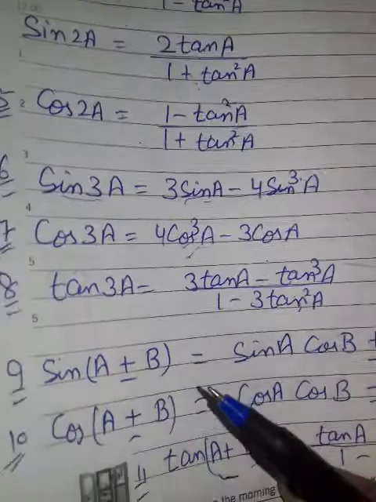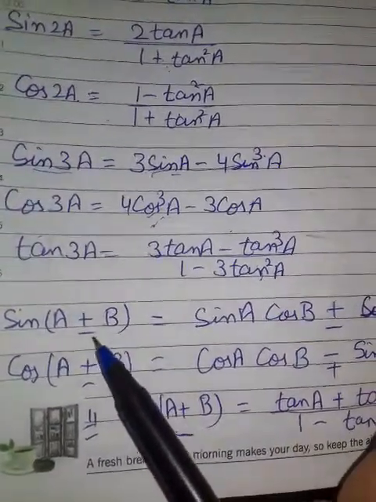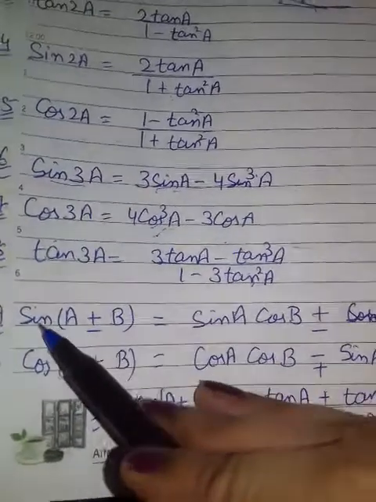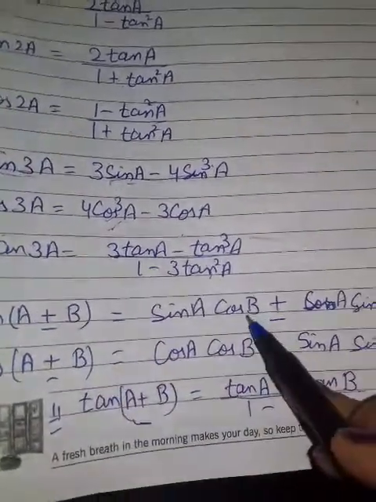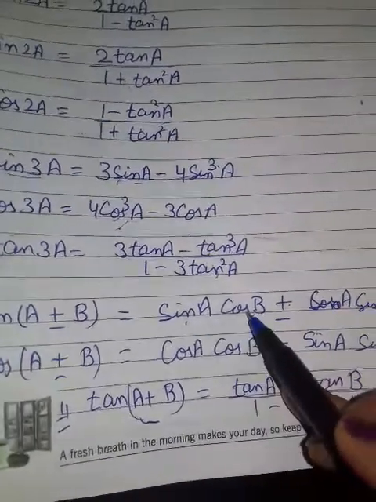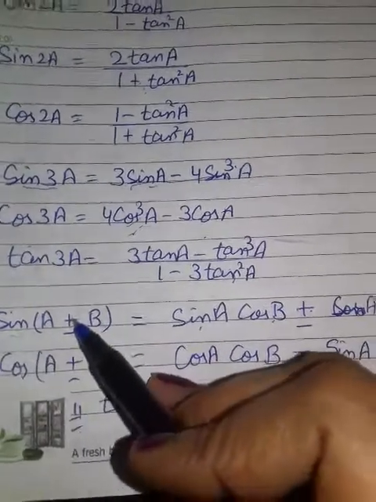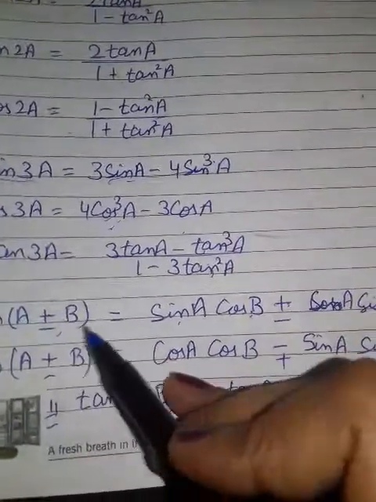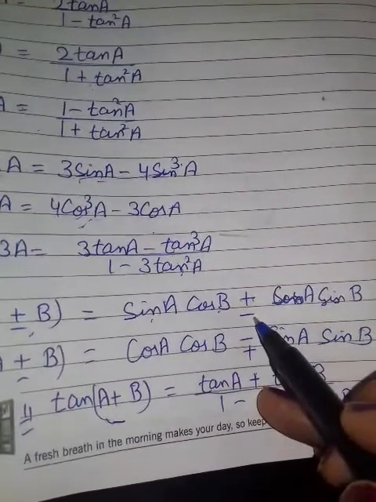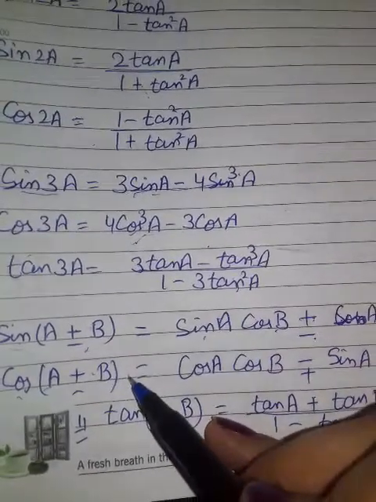Next is sine a plus b. Whenever plus is between them, then the identity is sine a cos b plus cos a sine b. Whenever sine will be there, positive times positive, and negative times negative will be changed. Next is cos of a plus b.